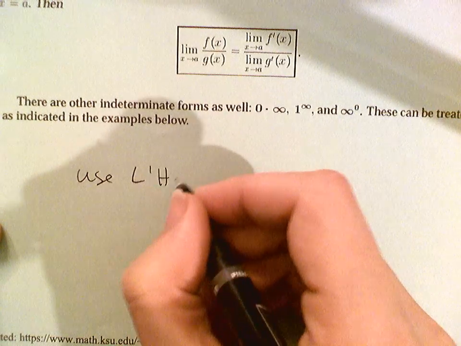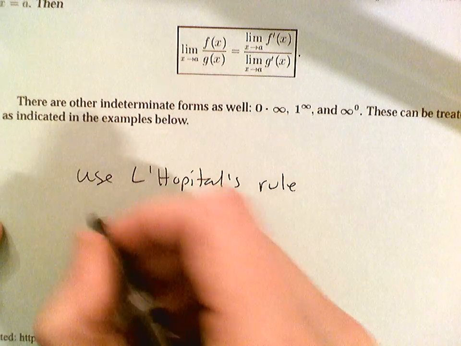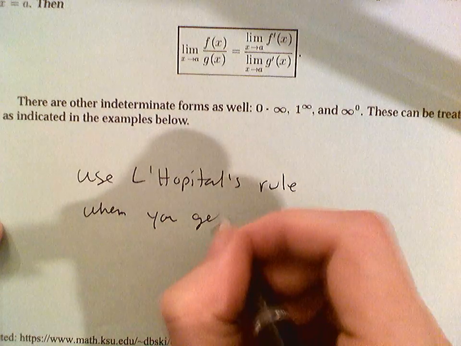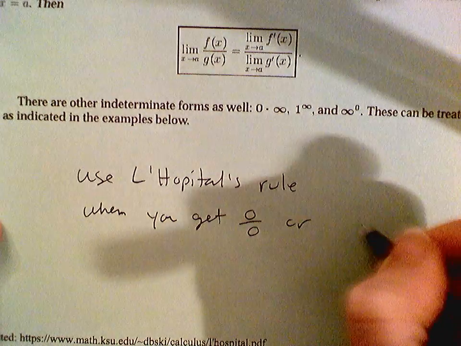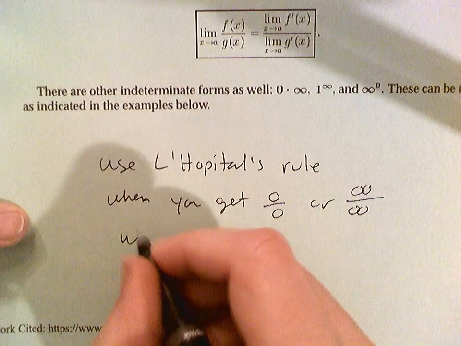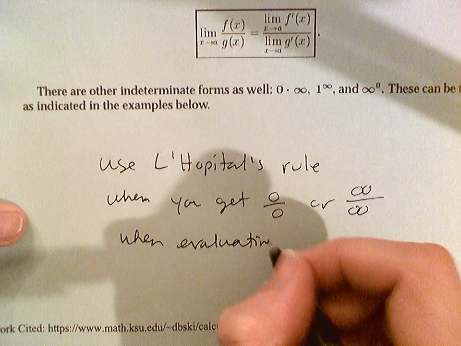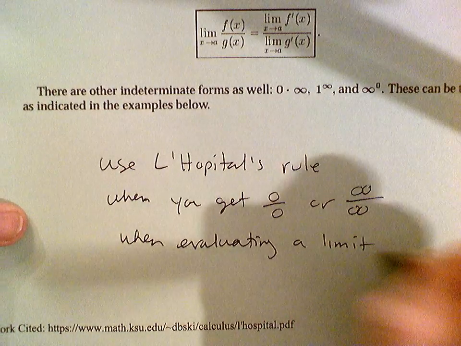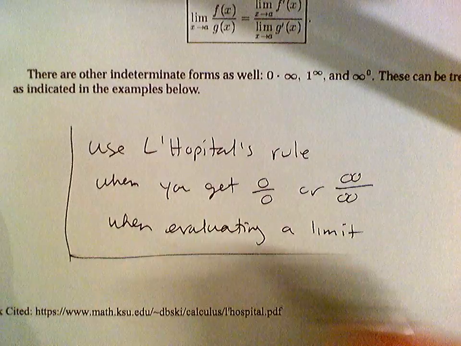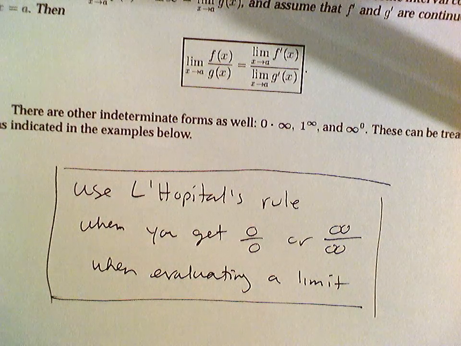So I'll just say L'Hopital's rule when you get 0 over 0 or infinity over infinity when evaluating a limit. Okay, so please write that down for yourself. That's the big idea right there, guys. And I'm about to show you how to use it.